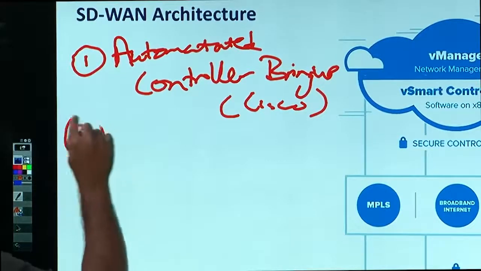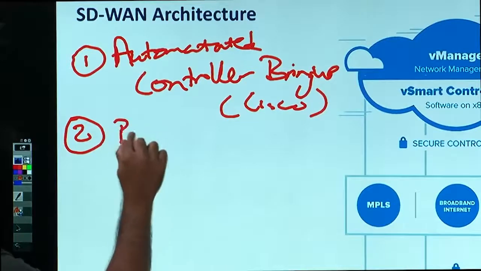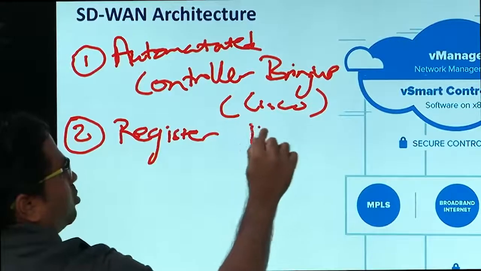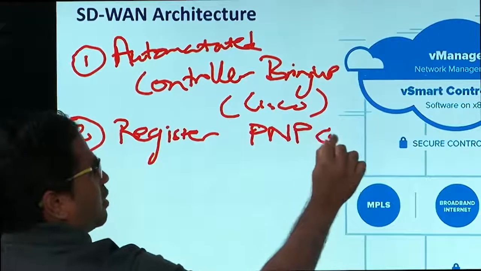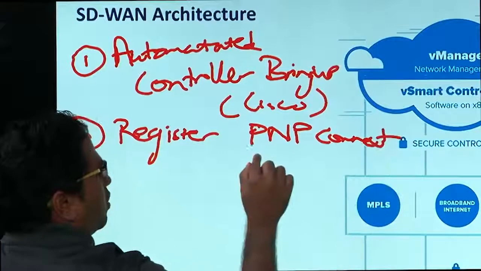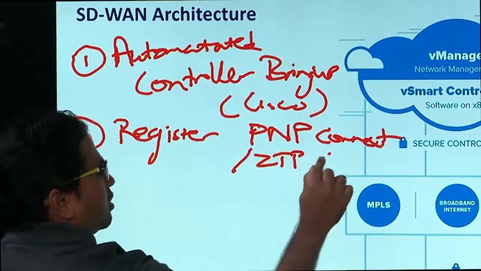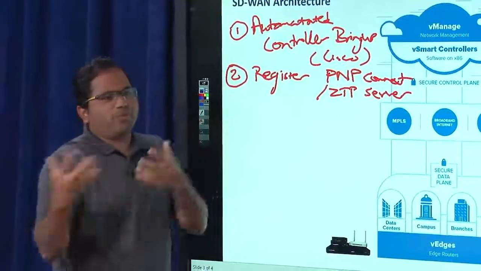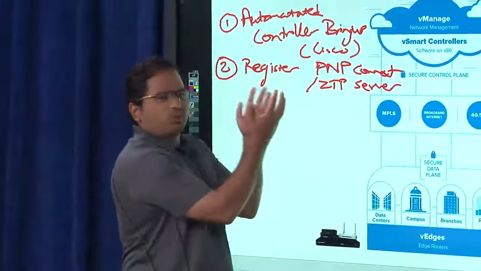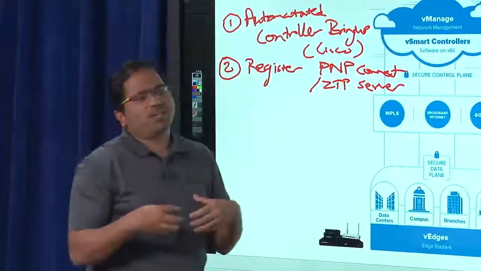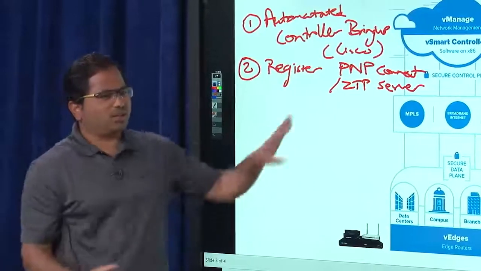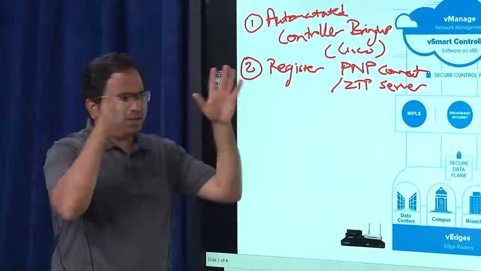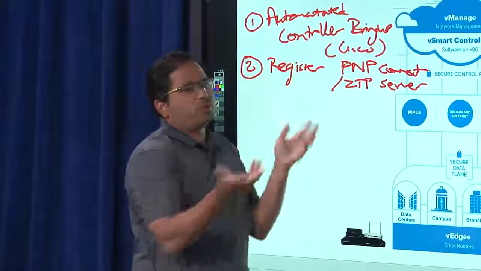Number 2, we register the customer with PNP Connect or the ZTP server. What this is essentially is a vBond for vBonds. So you call home to this vBond, and this vBond tells you where your organization vBond resides. That's all this is. So it does the exact same function as the vBond would do in your local architecture. It's just a common vBond for all.